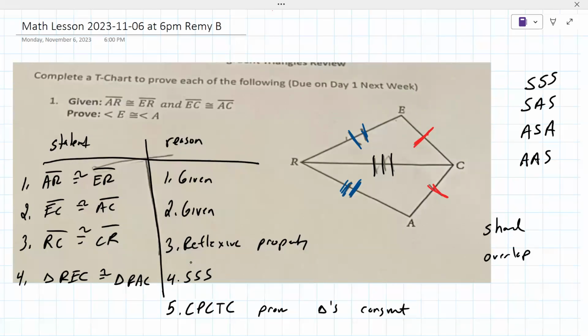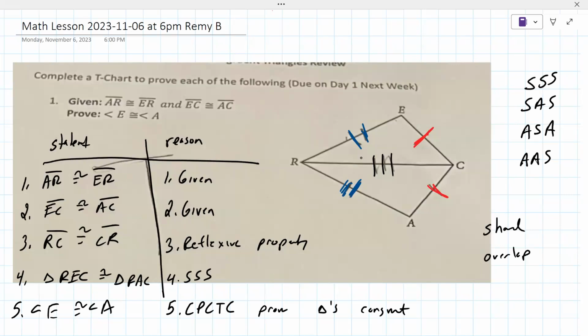Once you've proven the triangles are congruent, the corresponding sides and angles are all congruent. Basically, it's all the things that you want to assume to be true, but you can't until you prove that they're congruent. So that is where angle E congruent to angle A comes in.